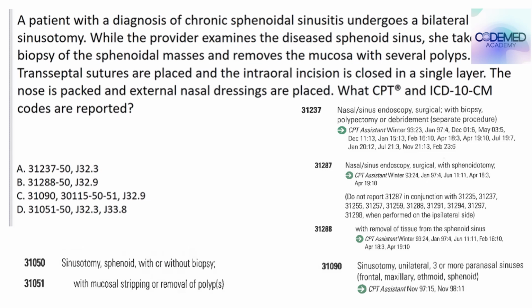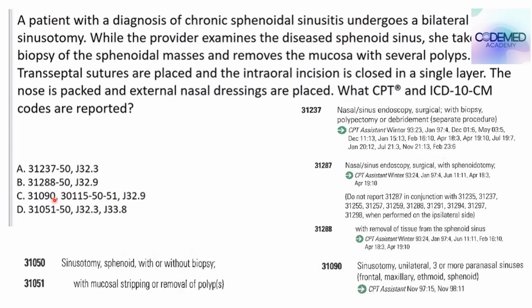If you take this particular question, there is no mention of the word endoscope, and there is a mention of intraoral incision and transseptal sutures, so that gives me enough clue that this is not an endoscopy procedure. So first of all, 31237 is a nasal sinus endoscopic surgical code. In our case, it is not an endoscopy.